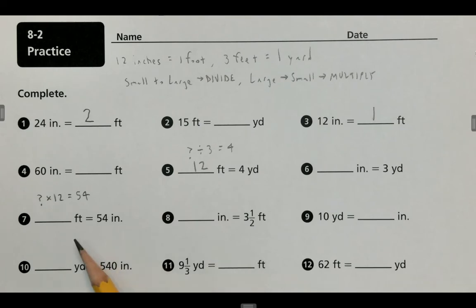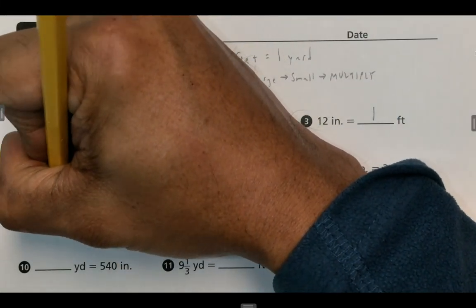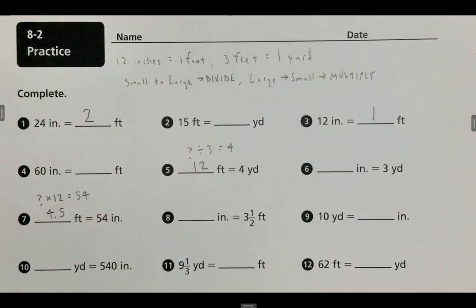Well, let me try to do mental math here. 4 times 12 is 48. It's a bit under. 5 times 12 is 60. It's a bit over. 4.5. Smack in the middle. 4 and 5/10.